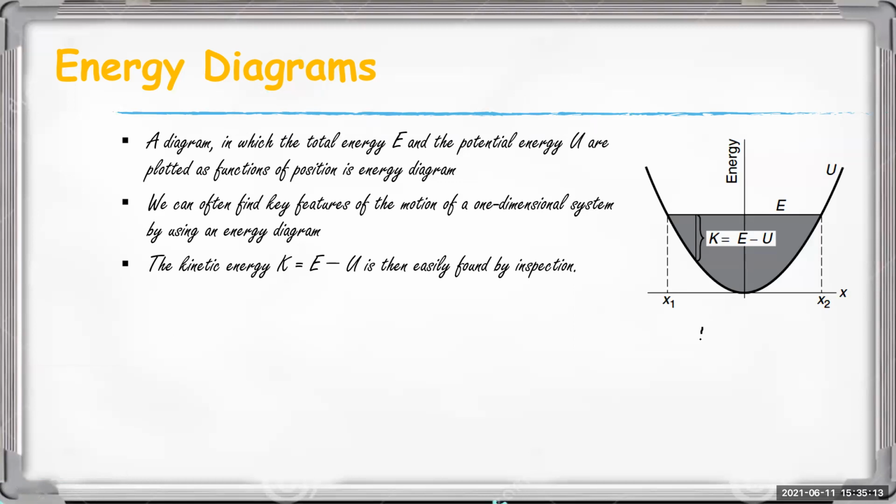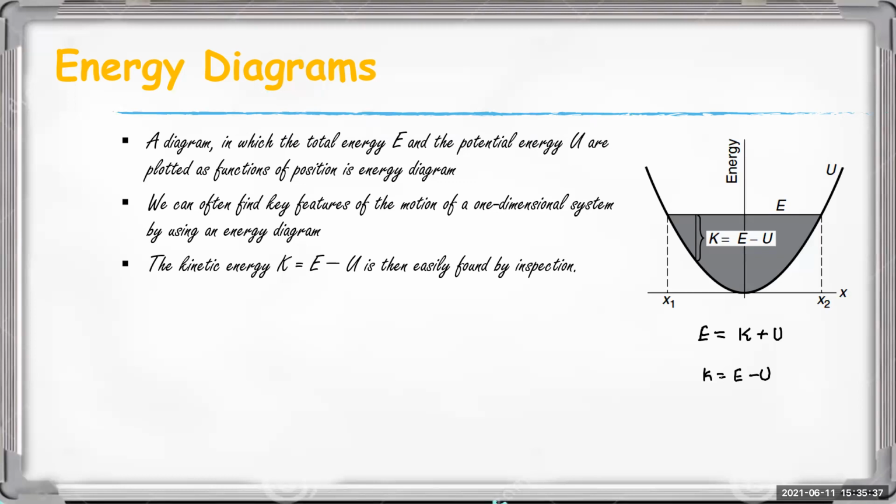We know that the total energy E is equal to kinetic energy plus potential energy, or the kinetic energy must be equal to total energy minus potential energy.